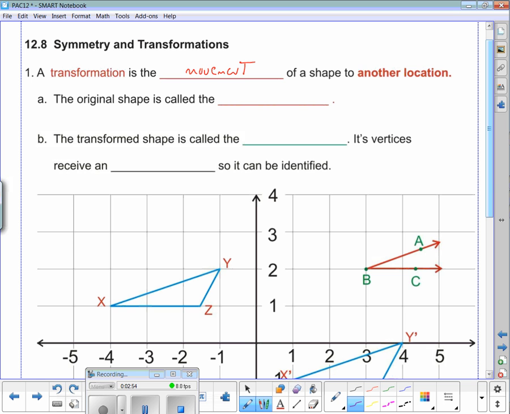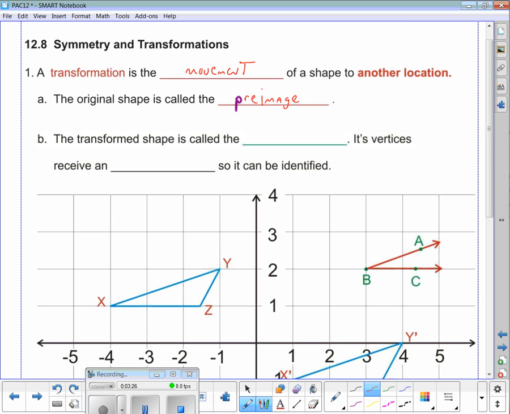Believe it or not, this seemingly shouldn't be the way it is, but this is the way it's termed. The original shape is called the pre-image. I don't know if in art you've ever taken a picture and put a grid of squares across it, and then in the grid you can enlarge or reduce it.